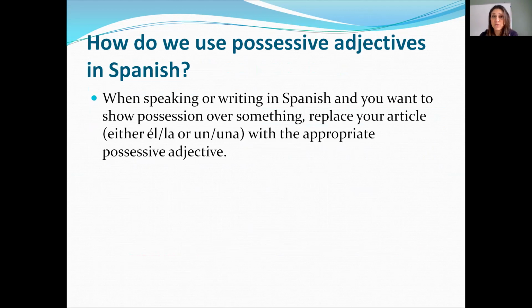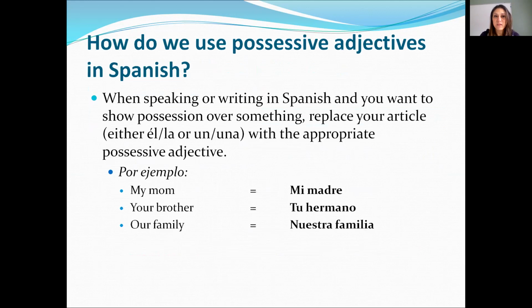And if it's nosotros, nosotras, then you use the masculine or the feminine. So here we go. My mom would be mi madre. Your brother would be tu hermano. Our family would be nuestra familia.